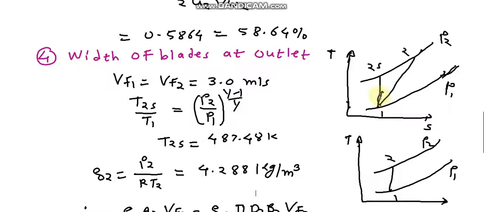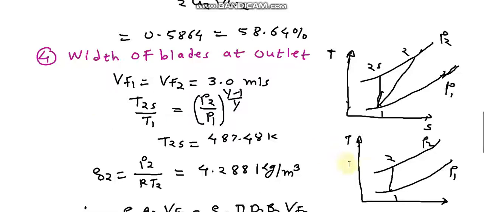If the air is compressed polytropically, we write 1 to 2s isentropic, and the final process is 1 to 2. Now in this problem, the air is compressed isentropically, so the final process is also 2 only. So here is 1 to 2. You can write 2s also, no issue.